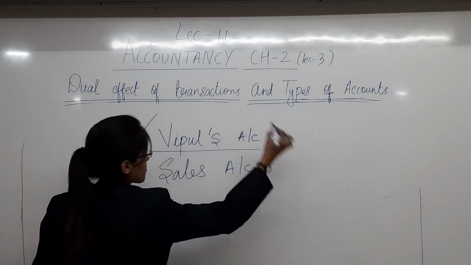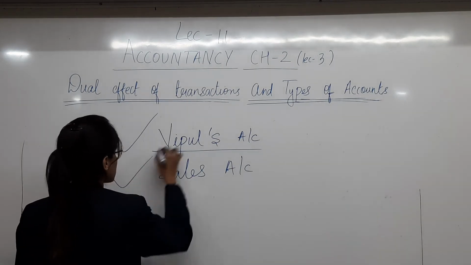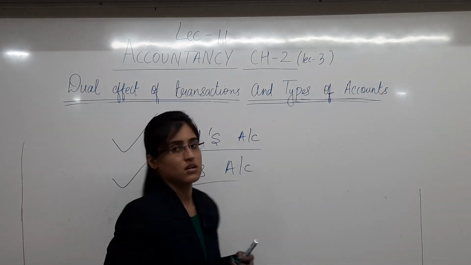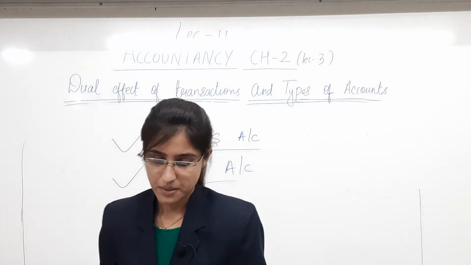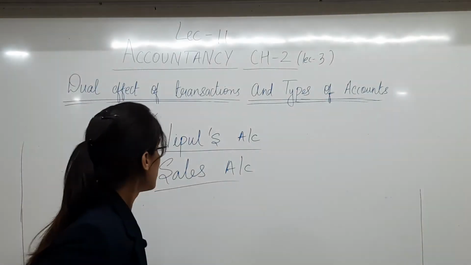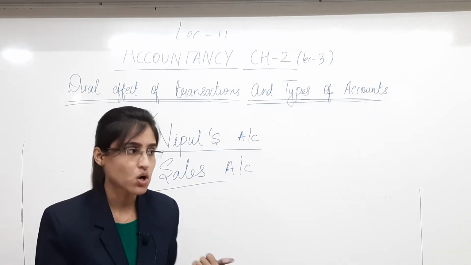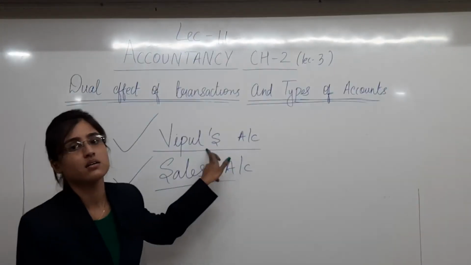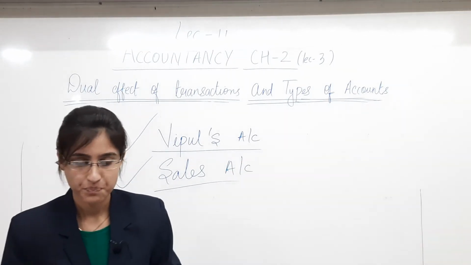So first effect, Vipul's account. What did you sell? You have sold goods. So sales account. Clear? Okay. Then the next transaction. Yes, Vipul is who? Here is the debtor. Because Vipul will pay later. Be the credit transaction. Yes?